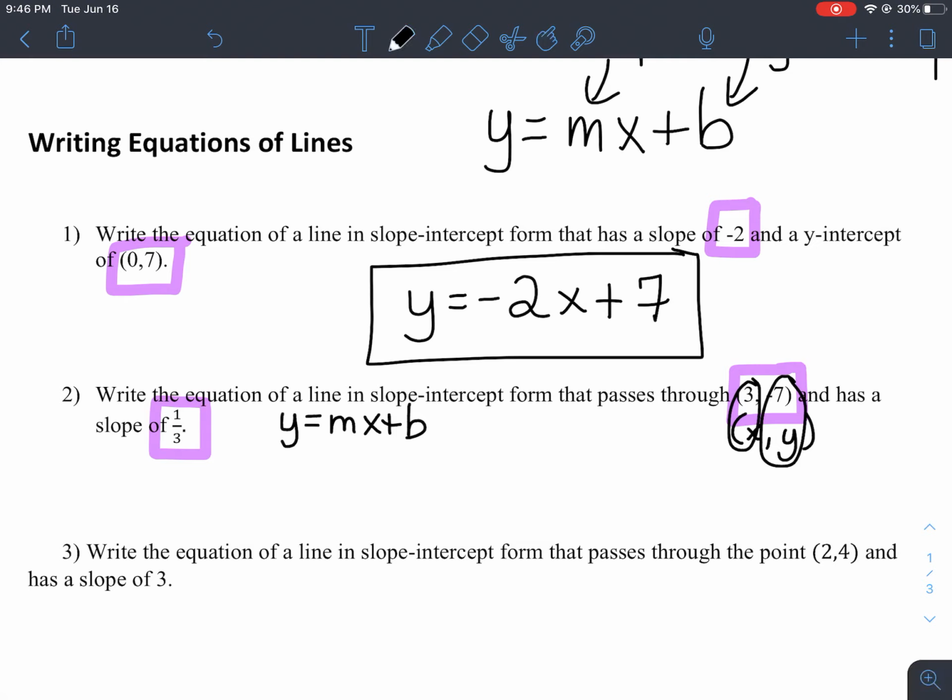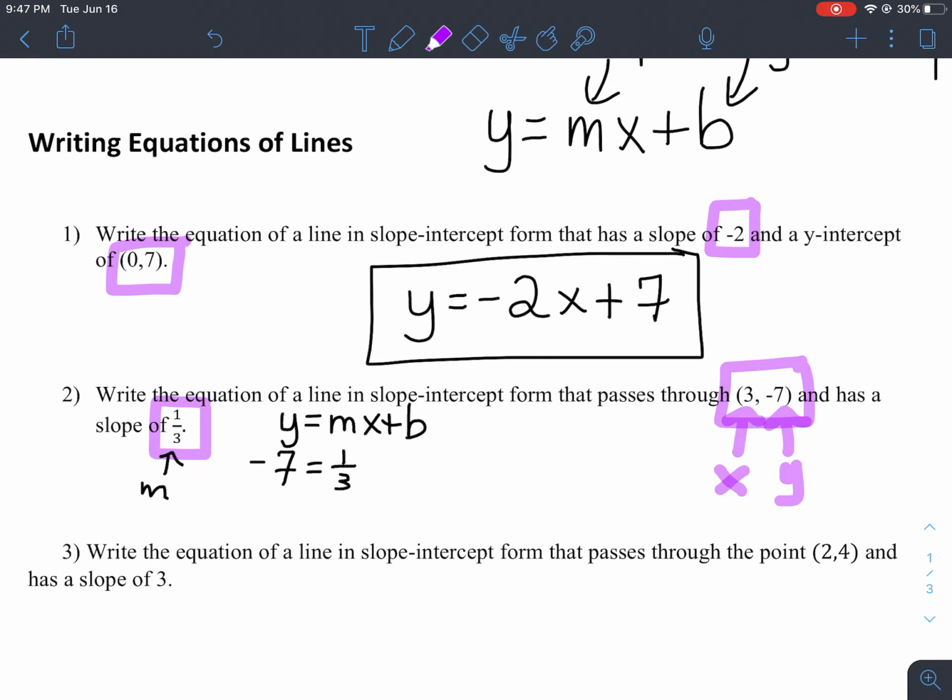So if we substitute, we use our point. If we look at our point, y is -7. Our m is our slope, so that is 1/3. And our b value, we don't know what our b value is, so we have to use our x value.